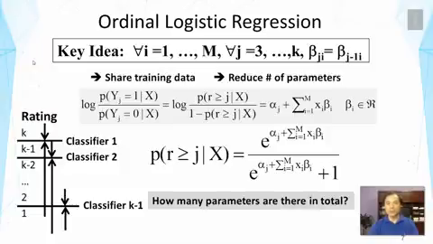Again, that's an interesting question to think about. If you think about it for a moment, you will see we now have far fewer parameters. Specifically, we have m plus k minus 1, because we have m beta values plus k minus 1 alpha values. That's basically the main idea of ordinal logistic regression.